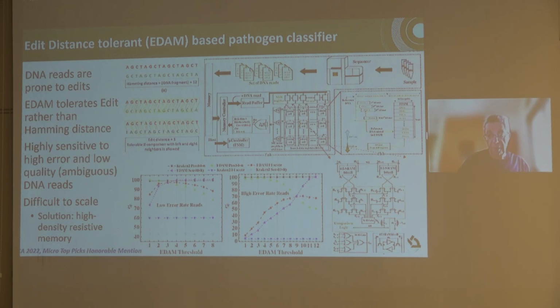At the bottom center, you have a quick comparison of EDAM performance, meaning accuracy, precision, sensitivity, and F1 score, compared to Kraken, which is arguably one of the most popular classifiers today. It's a software tool. What you see here is sensitivity, precision, and F1 score versus the EDAM edit distance threshold, the ability to tolerate edits.